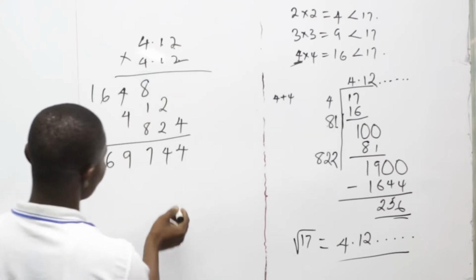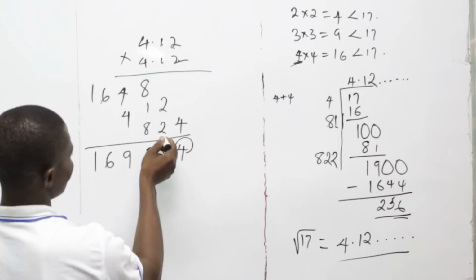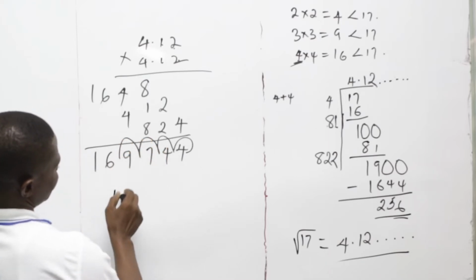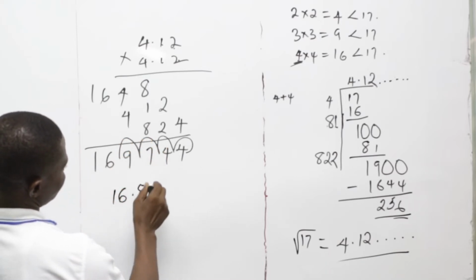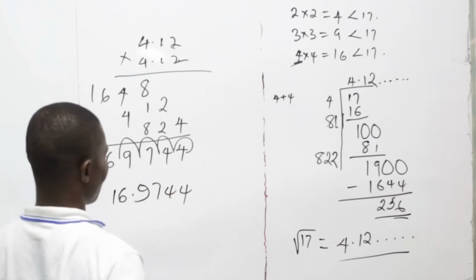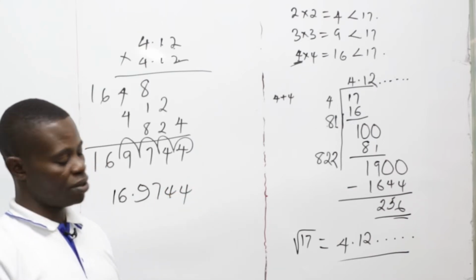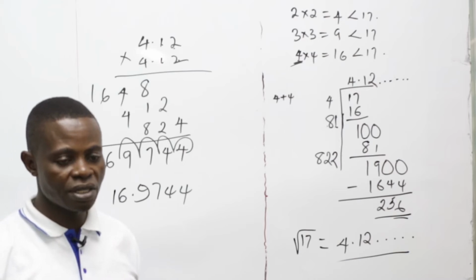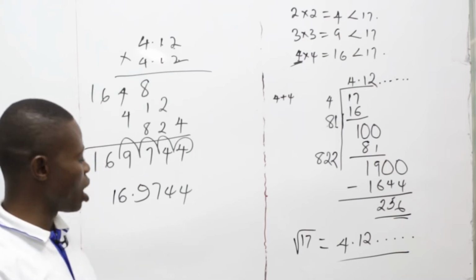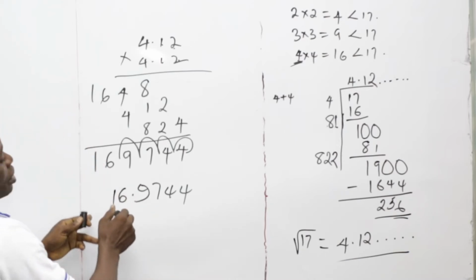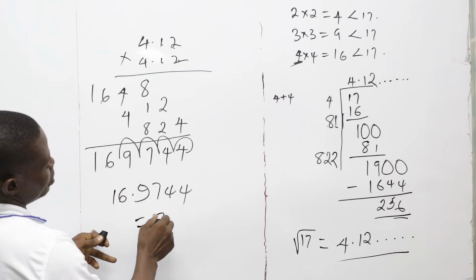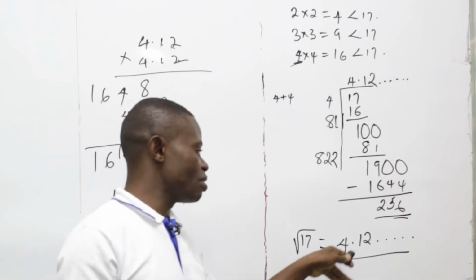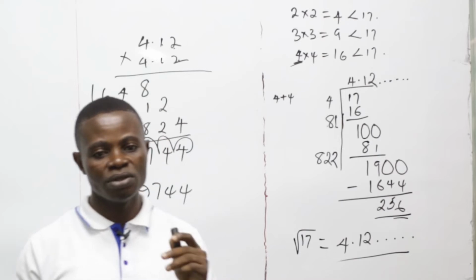Okay. Now you move 1, 2, 3, 4. That is 16.9744. Ask yourself a question. Can 9 approximate? Yes is the answer. Call it 1 and add to 16, which is 17. Therefore, the square root of 17 is indeed 4.12.